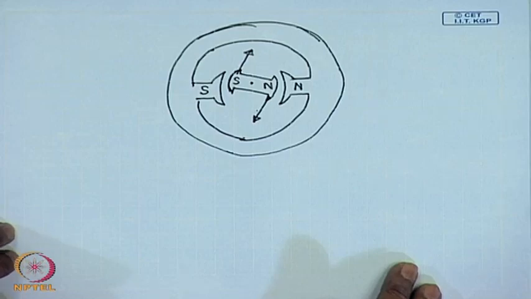In fact, the arrangement can be reversed, that is, the permanent magnet may be on the stator and the electromagnet may be on the rotor. This is what is done in the case of a DC machine, at which we will have a slightly more detailed look.